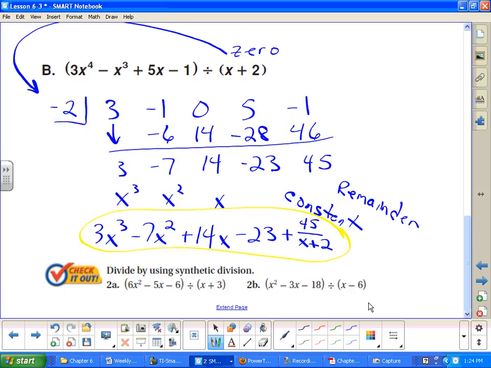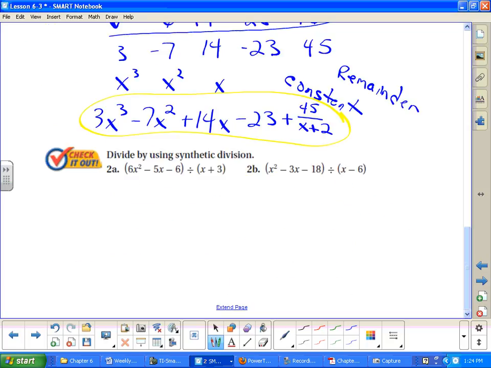Much easier than the long division. All right, so do letter A here.